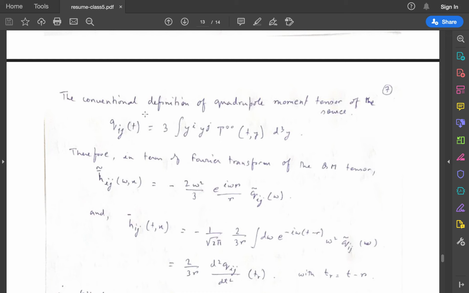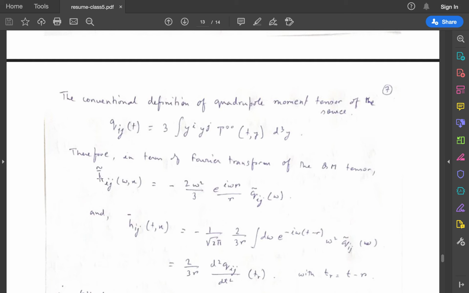This is how the conventional quadrupole tensor is defined. This is the quadrupole tensor for the source of the energy density. Therefore, the Fourier transform of the quadrupole moment tensor, which we need because we are always dealing with Fourier transform equations here, is of this form.